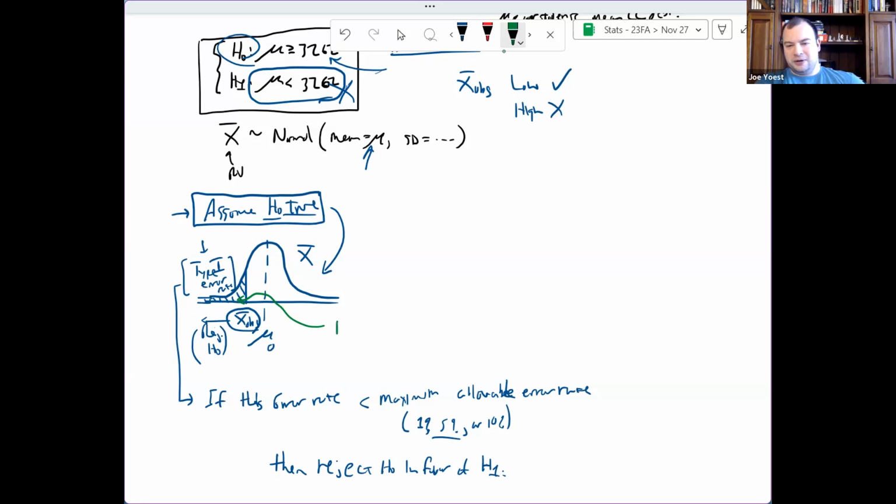So this type 1 error rate, in other words, the chance that we make a type 1 error if we were to reject H0 in favor of H1 on the basis of this sample, we call this the p-value, or often we just call it p.